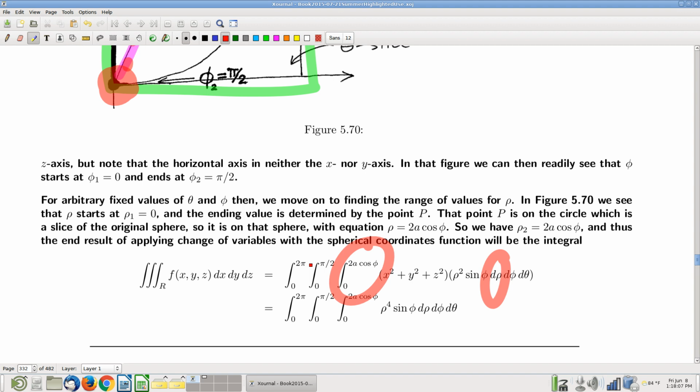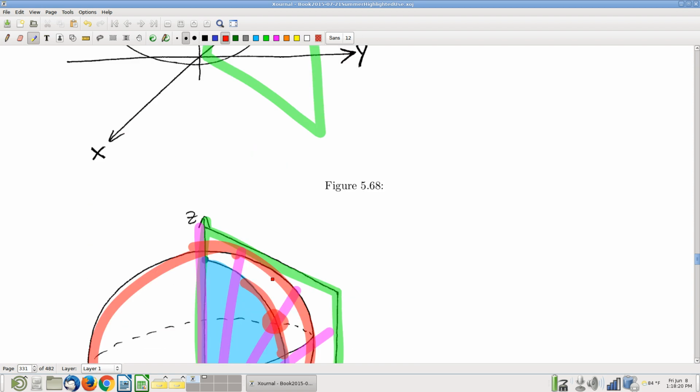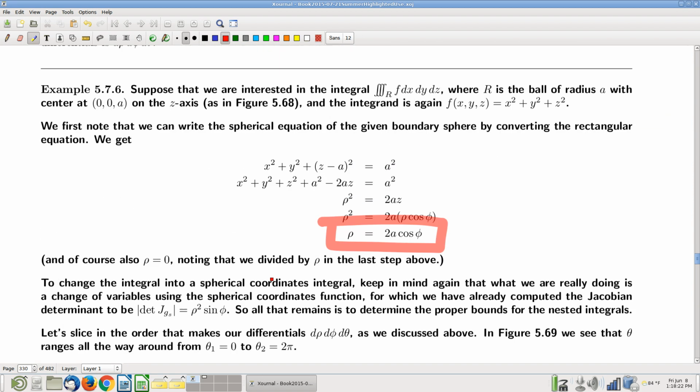Questions? Yep. If the sphere isn't centered at the origin, why are we still using z squared? Why are we still using what? Z squared. In the integrand. Oh, let's see. Let's look back at the original question. The question was that our integrand was given as x squared plus y squared plus z squared for no particular reason.